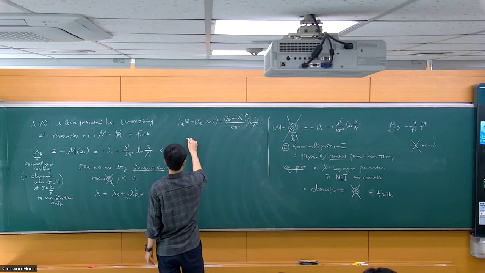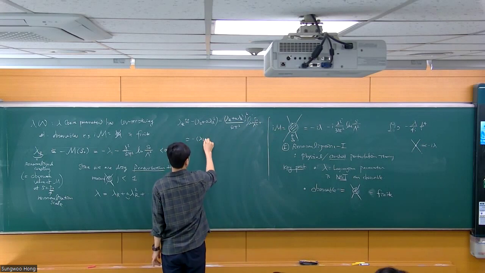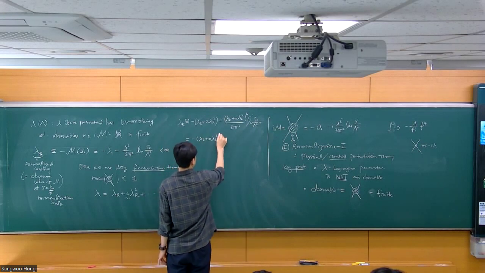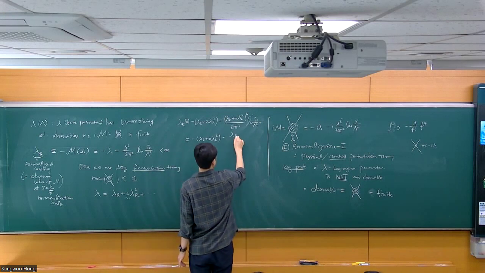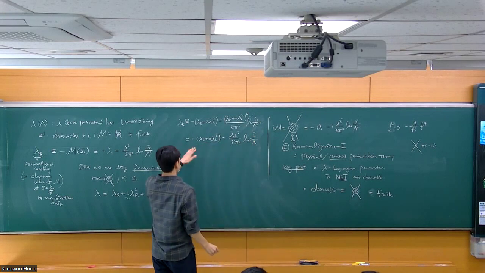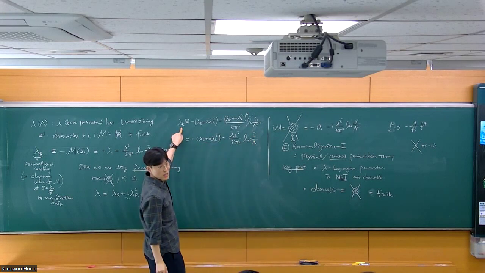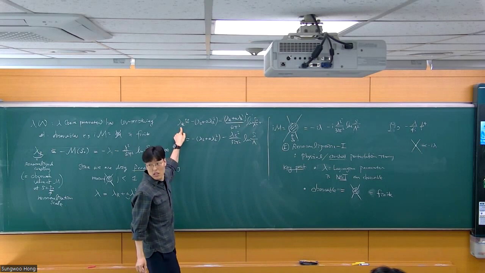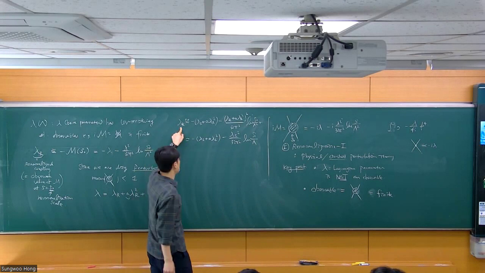But since I'm only working at second order in perturbation theory, let me just keep the first order here. And then I demand that that is finite. Not only is it finite, but according to this particular equality, it is the observed value lambda r.